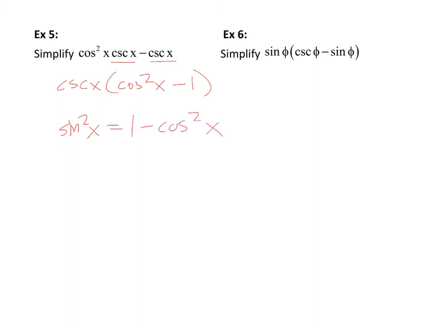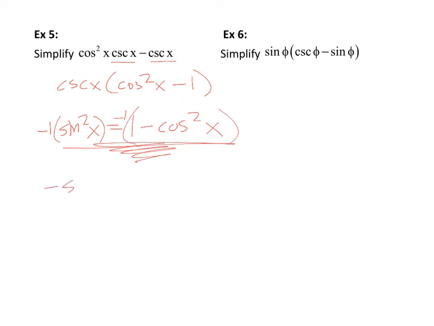Notice what I have on top is cosine squared x minus 1. So the cosine is positive, and then I have the minus 1. From what I've written here, this doesn't come from the problem, this comes from the identity. I have positive 1 and I have negative cosine. So how do I switch those around? Well, just take the identity and multiply negative 1 on both sides.